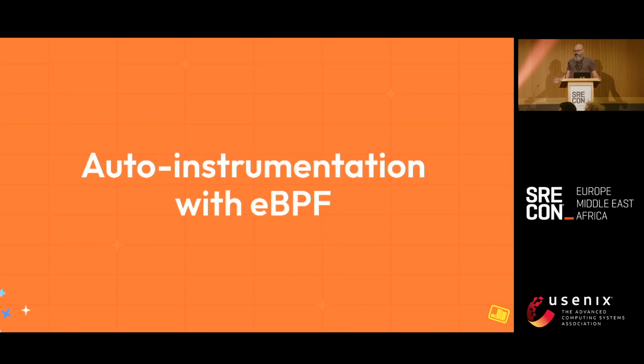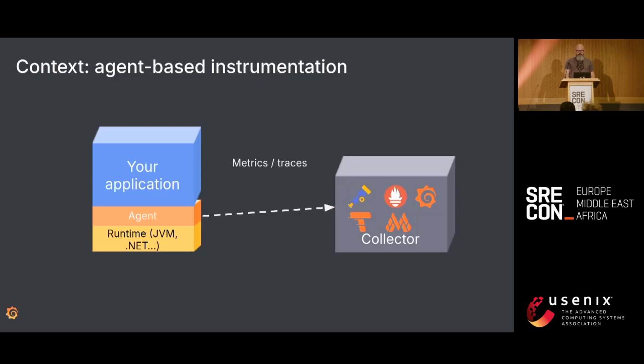All right. So what is this automatic instrumentation with eBPF? Let's assume that we have our application, a web service, for example. We want to see how our performance is, how our service is behaving in our system, right?